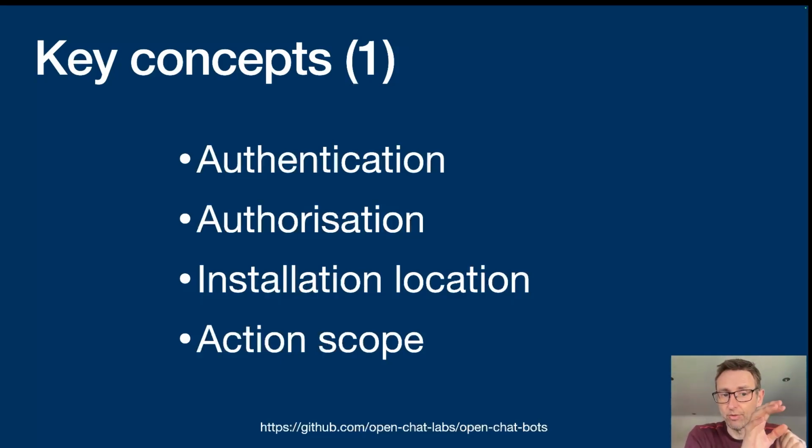Bear in mind, if you have permission to operate at the community scope, then you also have permission by definition to operate at the channel scope for channels within that community. So understanding what scope you're operating in will help you understand the operations available to you, and it will definitely make certain error conditions that you might encounter make a lot more sense. For example, if you try and create a channel when you're operating within a group scope, you're going to get an error from the OpenChat backend, and you will understand that error better once you understand this concept of scope.